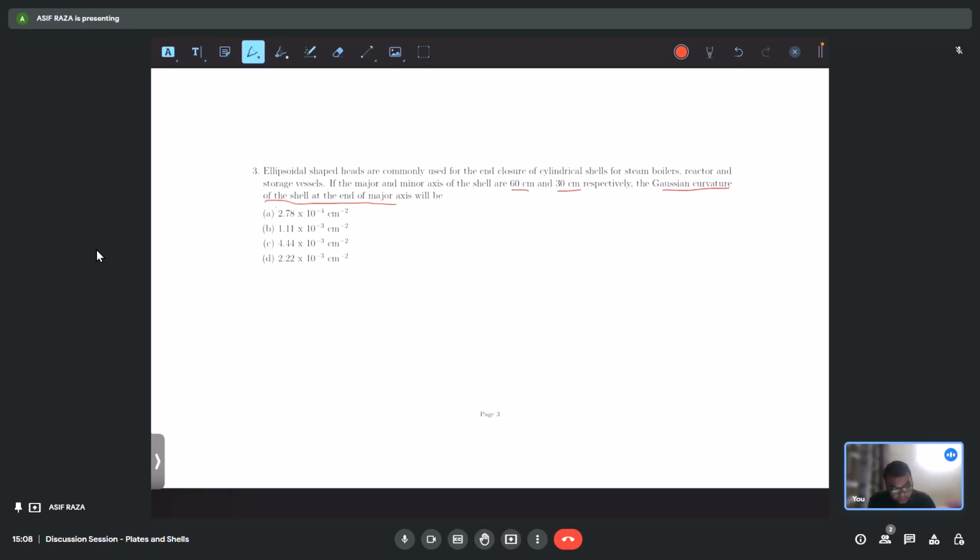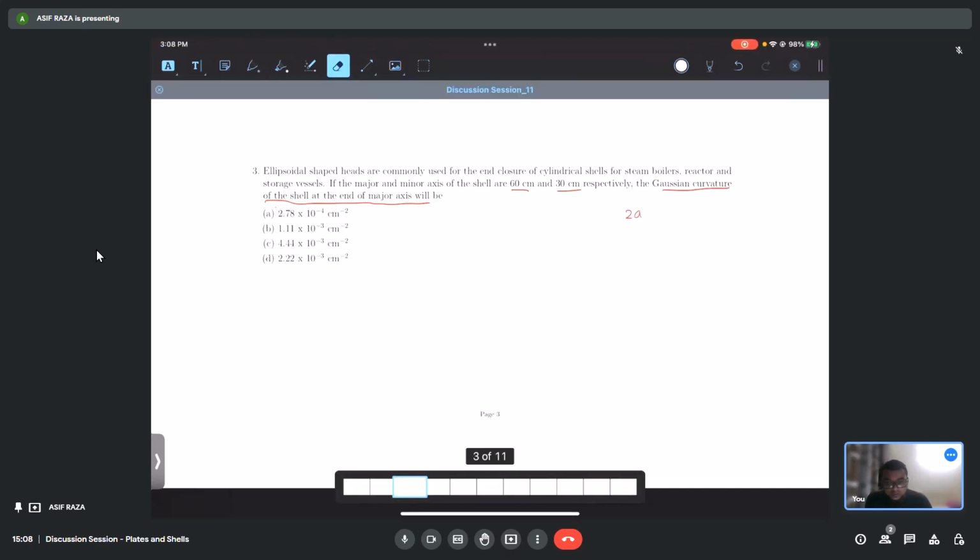Okay, so we are given 2a equal to 60 cm, which gives me a equal to 30 cm. 2b is equal to 30 cm, which gives b equal to 15 cm.